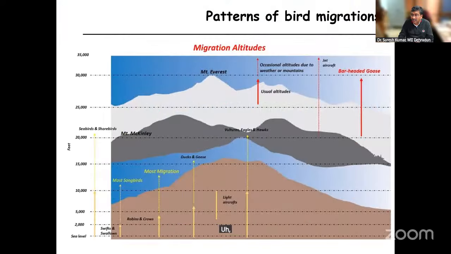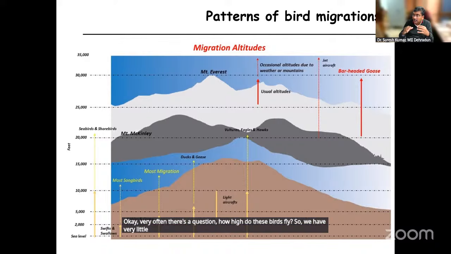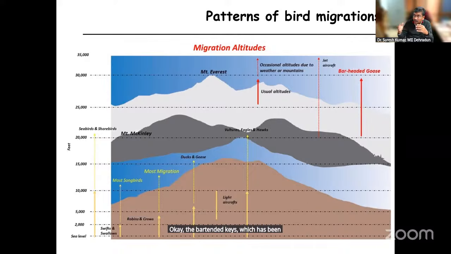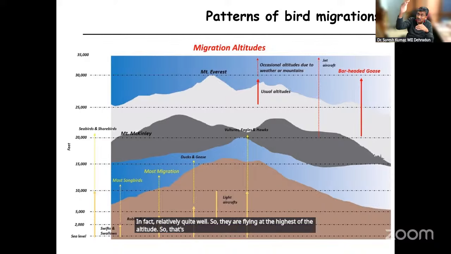So there is also this particular thing that you should know, that not all birds fly at the same altitude. Okay, very often there's a question, how high do these birds fly? We have very little understanding of this, but there are a few studies which tell us that the bar-headed geese, which has been tracked relatively quite well, are flying at the highest altitude. So that's how they're able to cross the Himalayas.